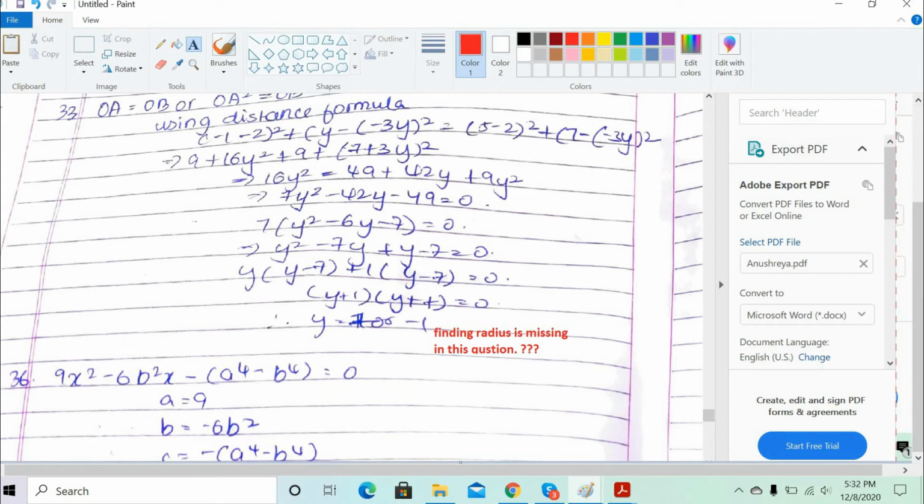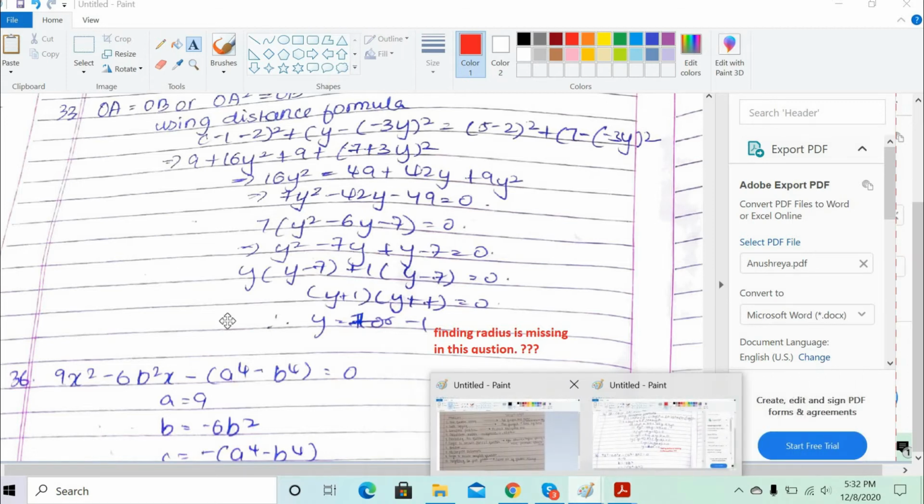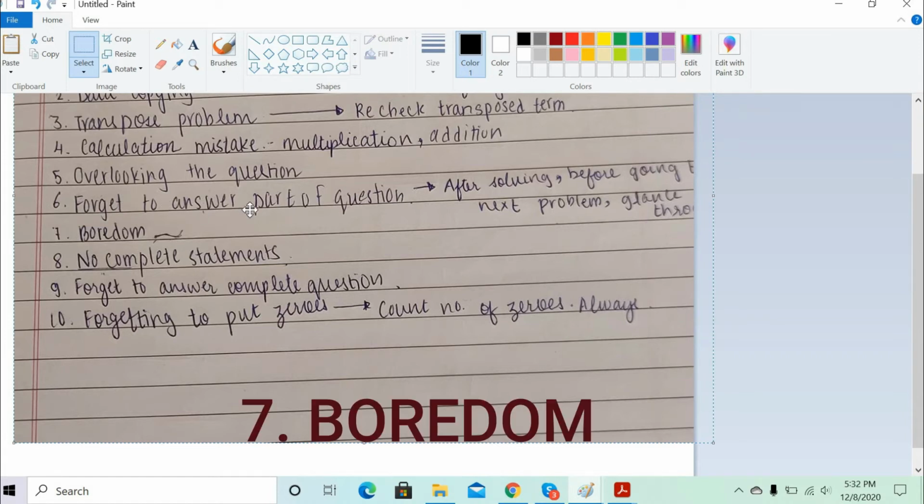Next part is how to avoid that. Forgetting to answer a part of the question, overlooking the question: just now we solved that part. This can be avoided when you revise the paper.